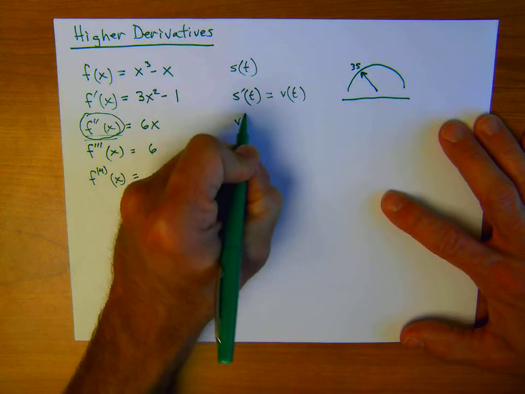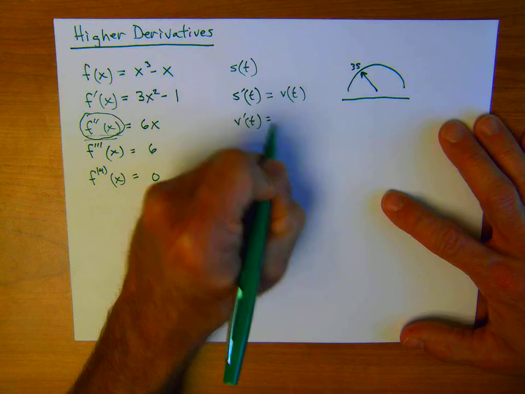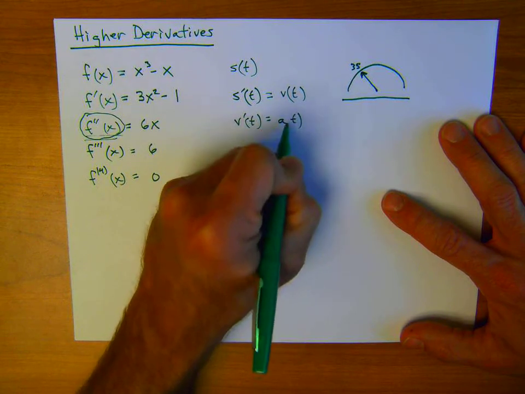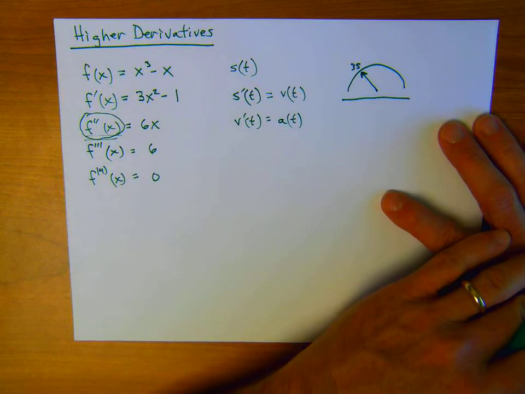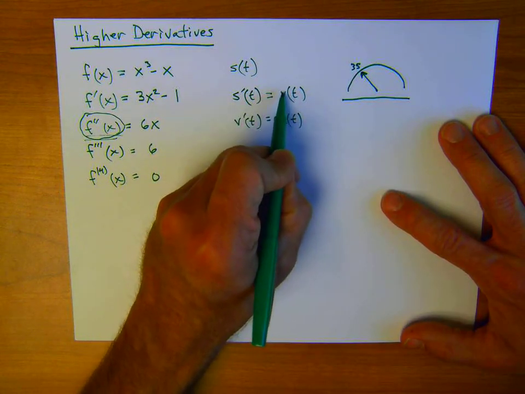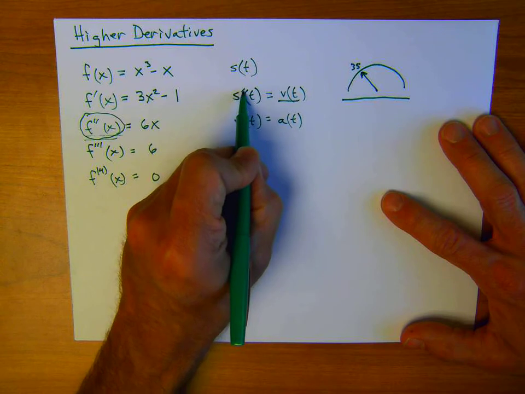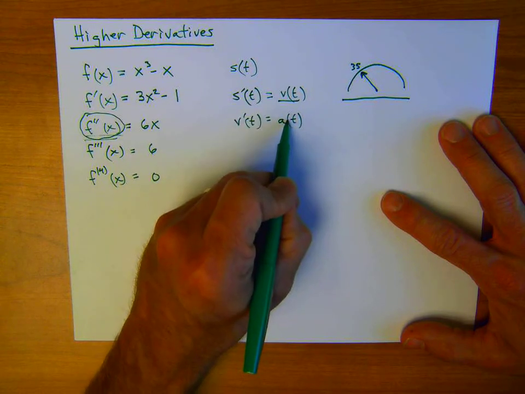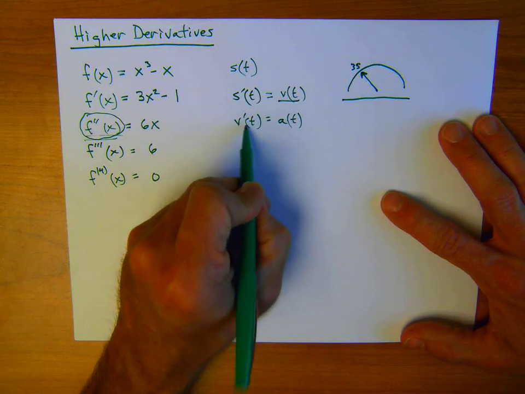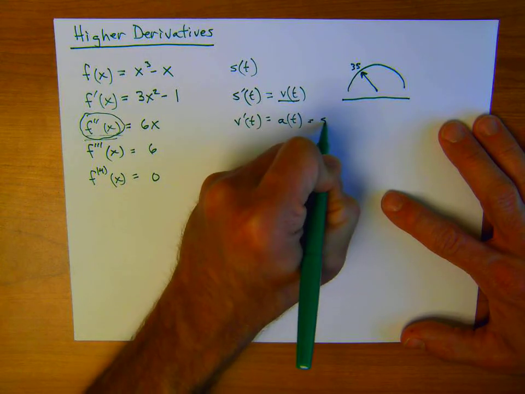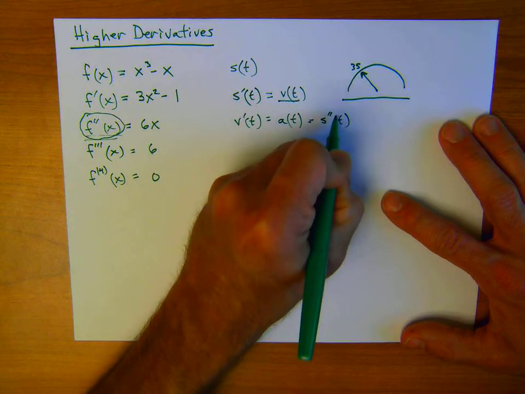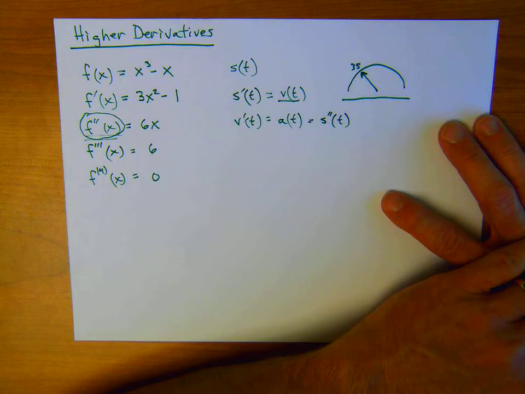So when velocity changes with respect to time, what do we call that? Well, we call that acceleration. Again, I think that's an idea that most of us are familiar with. But notice, since velocity is the derivative of distance, and acceleration is the derivative of velocity, then acceleration is the second derivative of distance with respect to time.